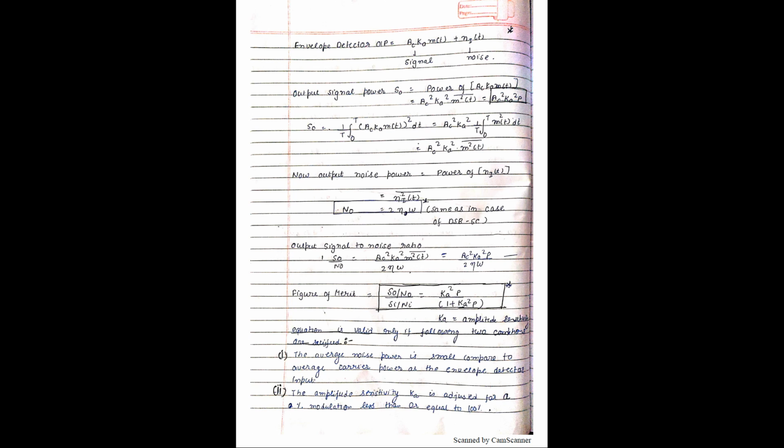And the second is that the amplitude sensitivity parameter k should be less than or equal to 1, or in percentage, less than or equal to 100%. It means the noise performance of a full AM receiver is always inferior to the DSB-SC receiver. The figure of merit of an AM receiver is always less than 1.